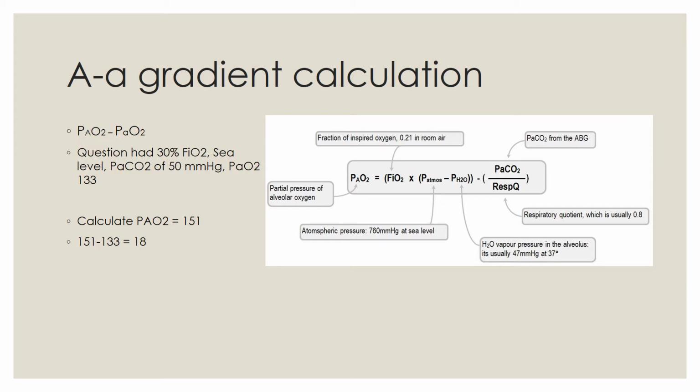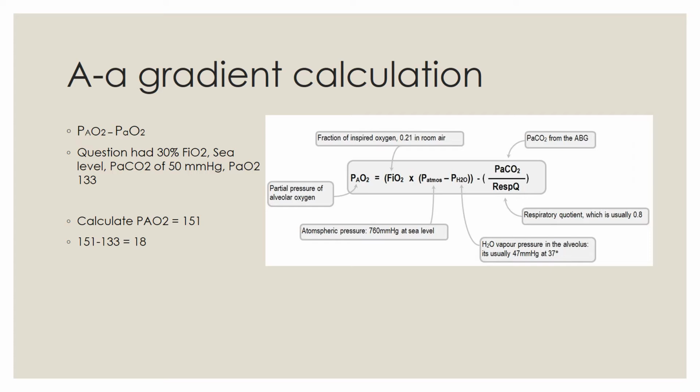Now this is always 47, and so this whole value here is 713 because atmospheric pressure at sea level is 760. Then you subtract from this value the pressure of carbon dioxide divided by the respiratory quotient. Now, the respiratory quotient is usually 0.8, but it can change based on diet, which I know I've talked about in lectures past.